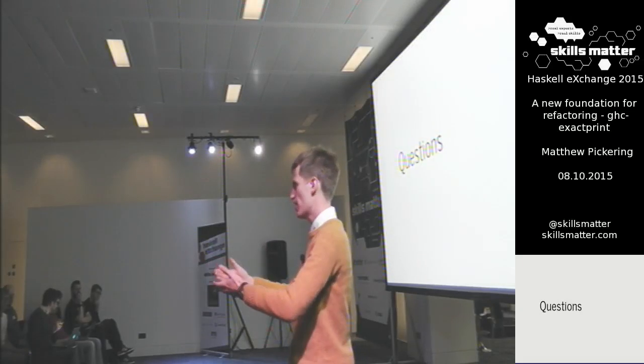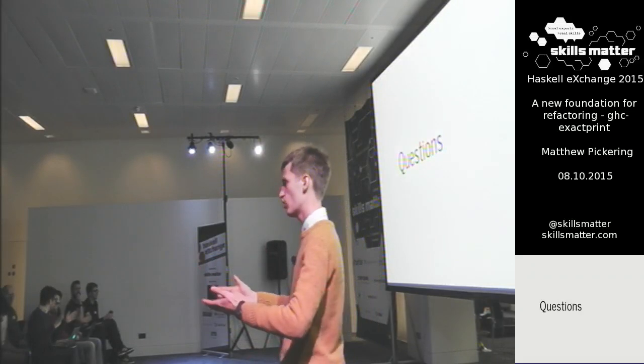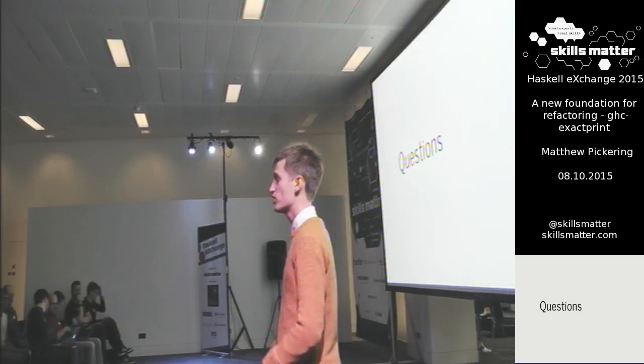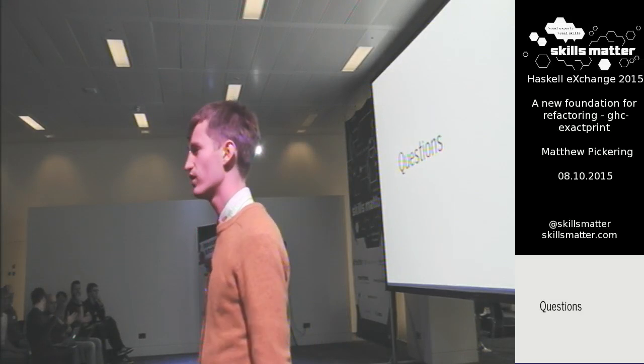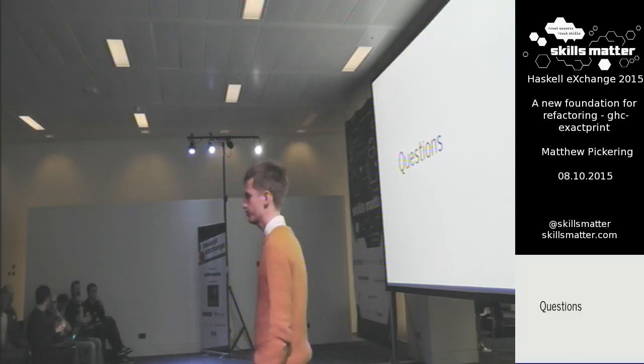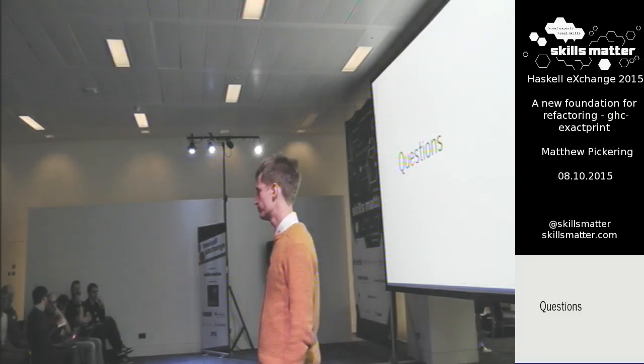So if you gave it as part of the AST, then it would create annotations for you, maybe with some sort of configuration, and try to pretty print it. But that's something else that we might have to work on.